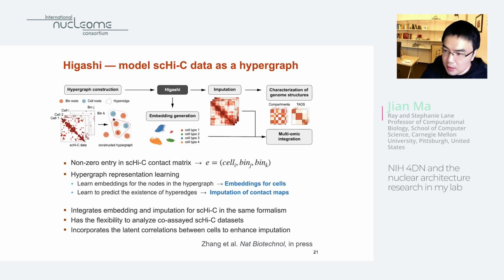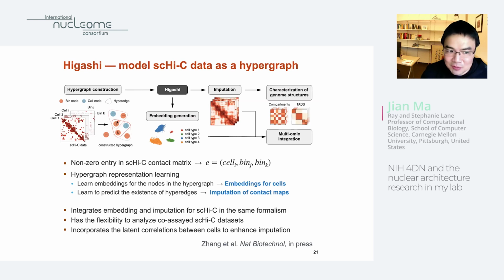In this hypergraph, the hyperedges are all triplets, 1 cell node and 2 genomic nodes. Each hyperedge indicates that these 2 genomic nodes, I and K for instance, are interacting in cell I. As I mentioned before, the sparsity is high, and a lot of these hyperedges are not there. But our goal is to predict if a hyperedge should exist.